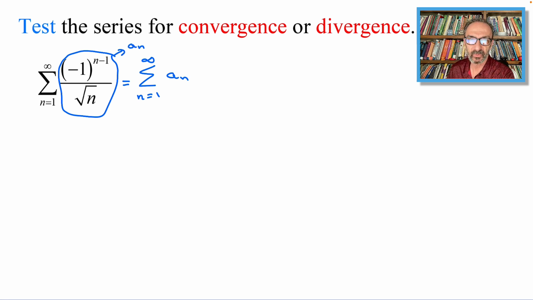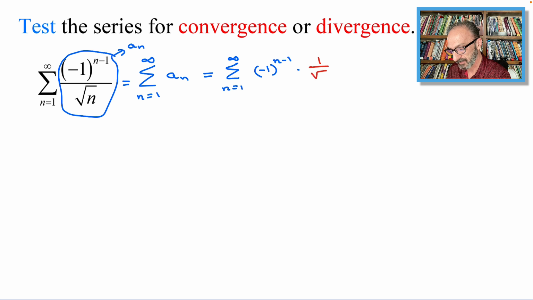We're going to break it down into two parts so we can identify what is b sub n. So that is equal to the summation n equals 1 to infinity of -1 to the power n minus 1 times 1 over square root of n.